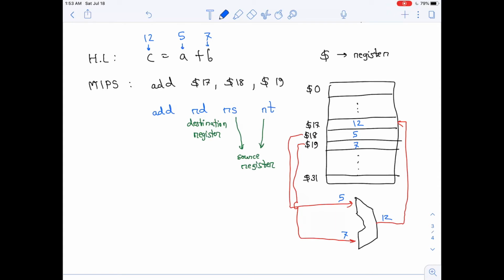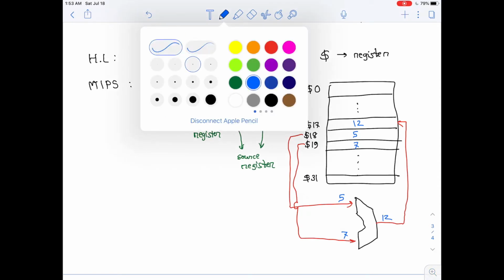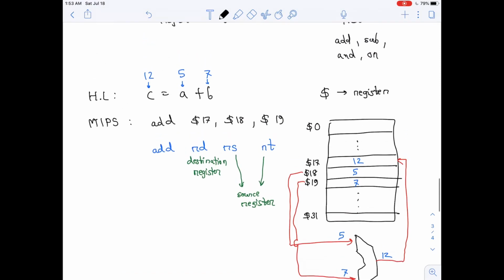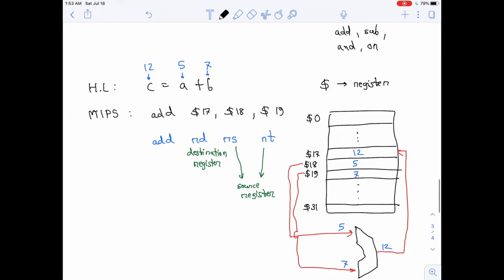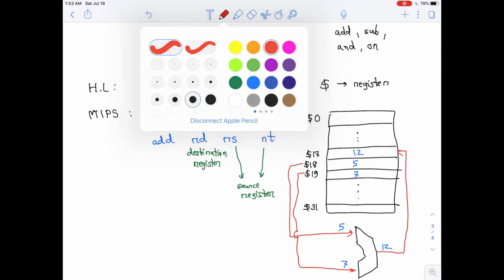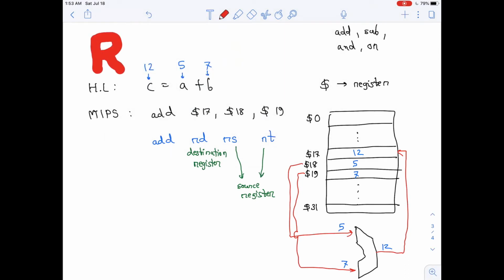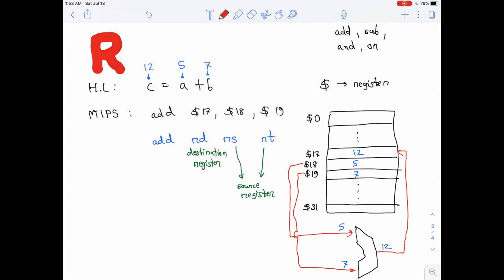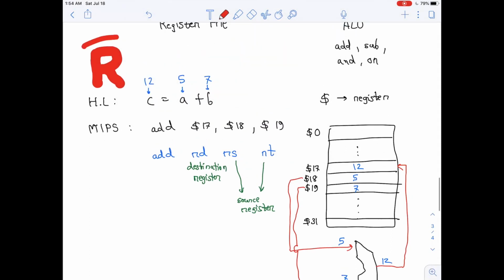So this is how a typical add operation in MIPS looks, and this instruction has a specific format, and that format is called the R format instruction. In MIPS, that is what the format for an R format instruction looks like.